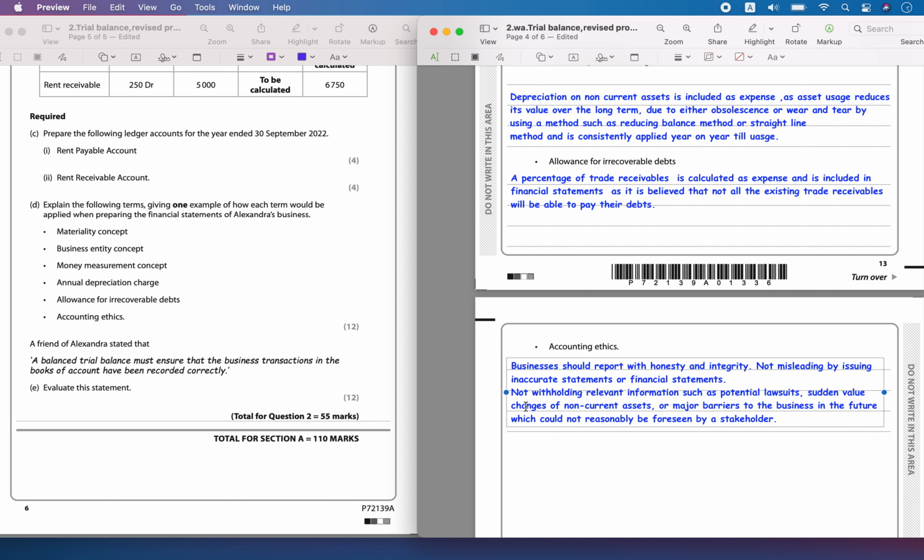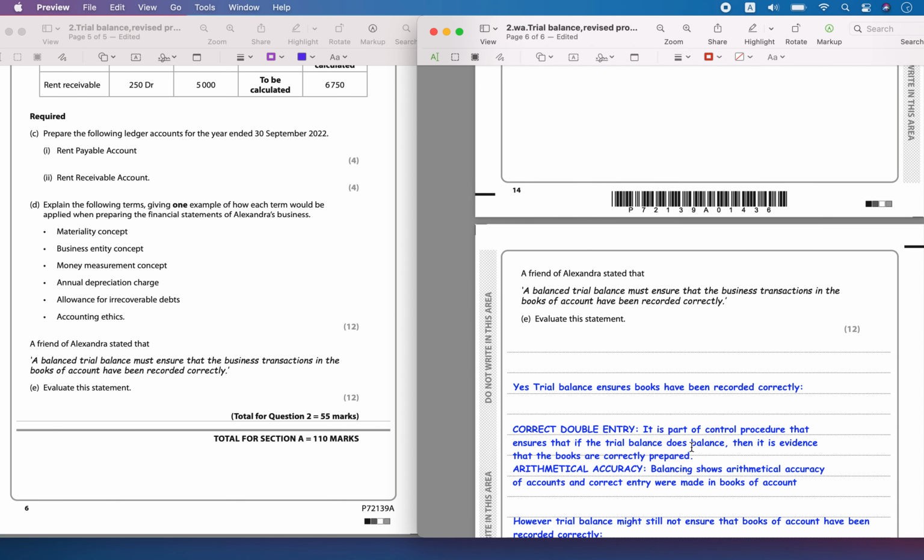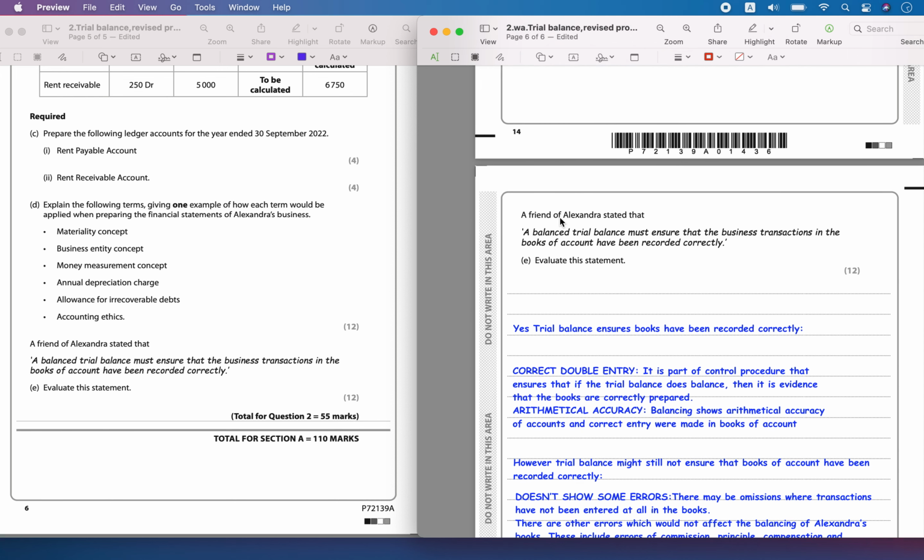It should not hide or withhold such information, because this could be misleading or lead to inaccurate financial statements, and eventually in the future the stakeholders might see it. So you should include every piece of relevant information, like lawsuits and changes in the value of non-current assets, in the financial statements.